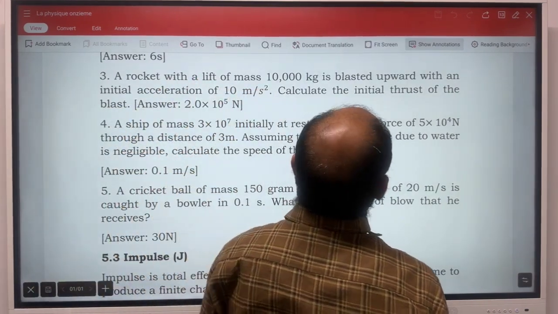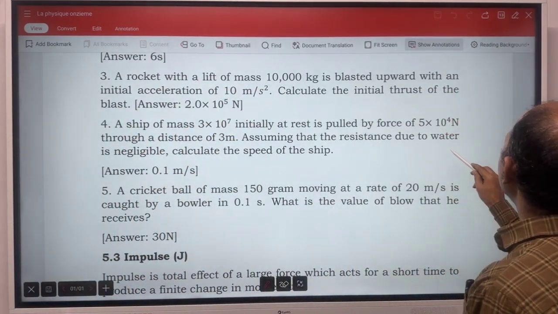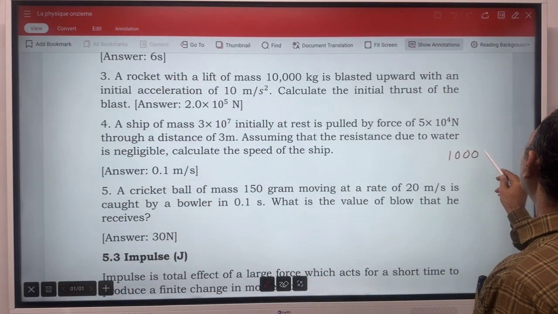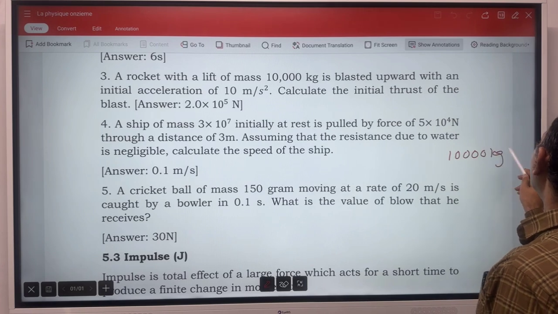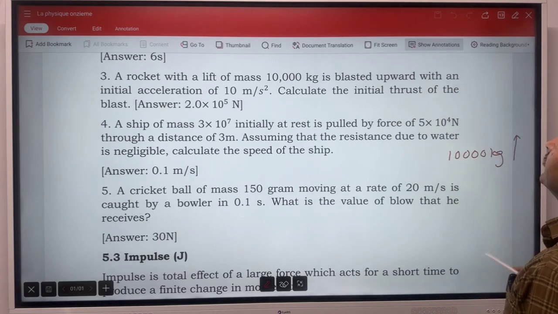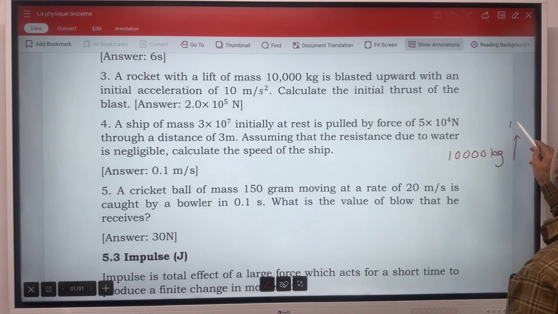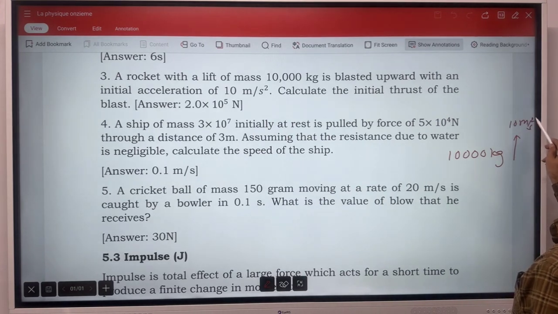See the question situation. Mass is given 10,000 kg. Acceleration is given as 10 meter per second square.